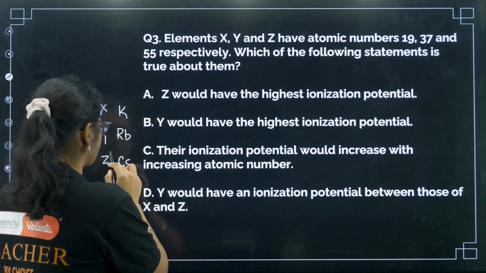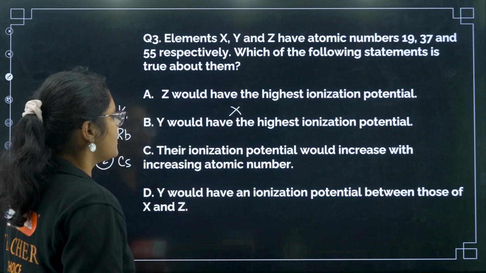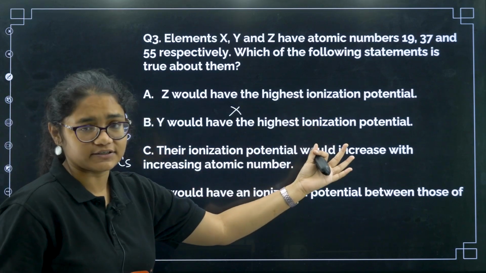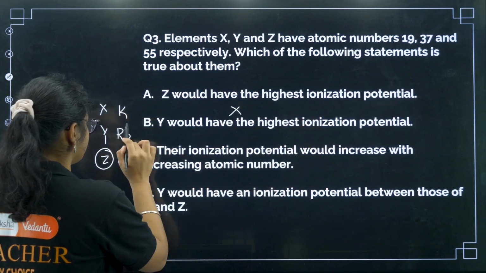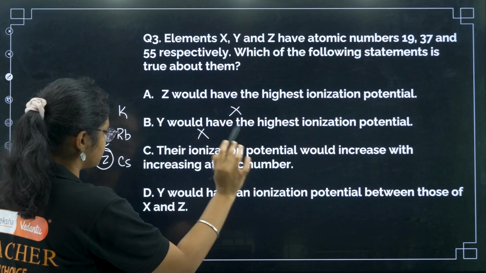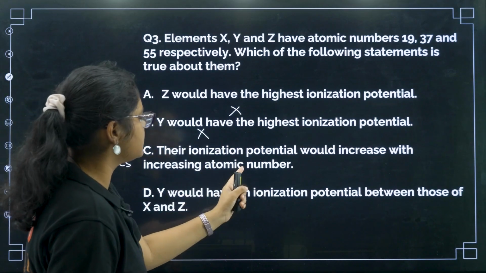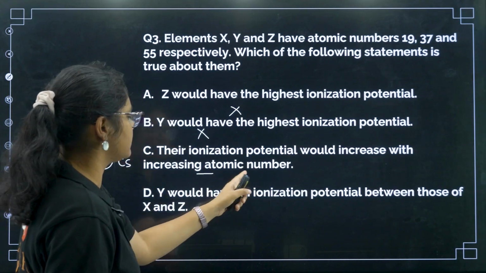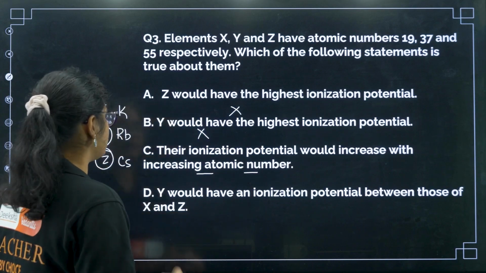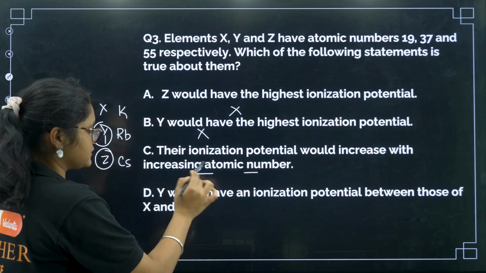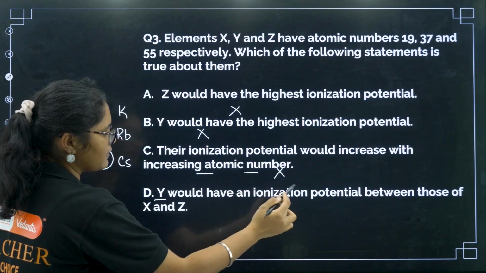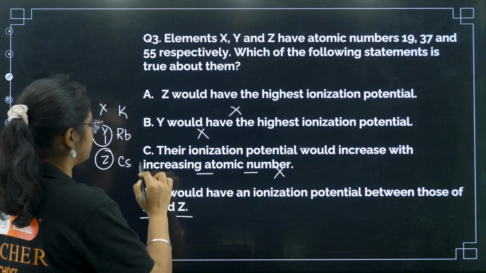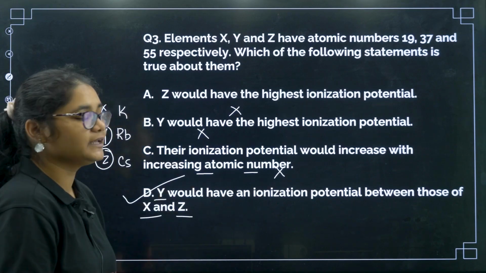So Z should have the least one, so this is incorrect. Now Y would have the highest ionization potential? Y is in between here, so it cannot have highest, so this is also incorrect. Their ionization potential would increase with the increase in atomic number? Ionization potential is decreasing, so that is why this is also incorrect. Y would have ionization potential between X and Z, yes, this is correct, so option number D is the correct answer.